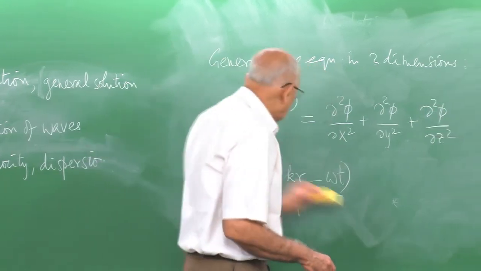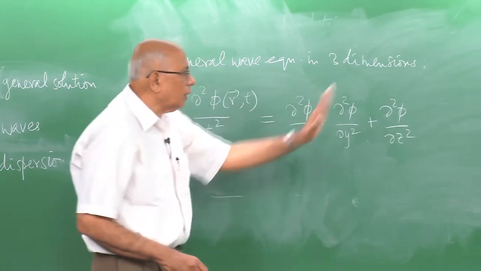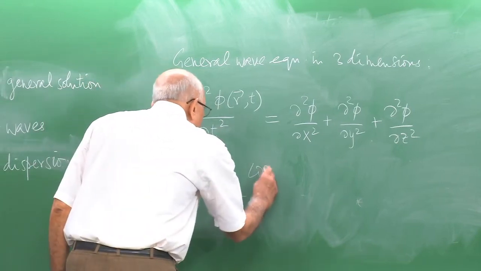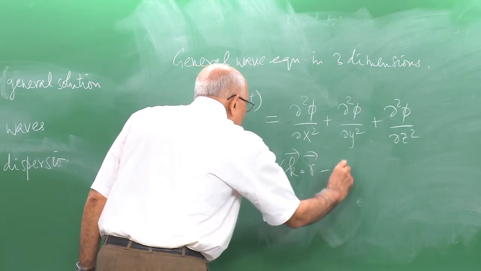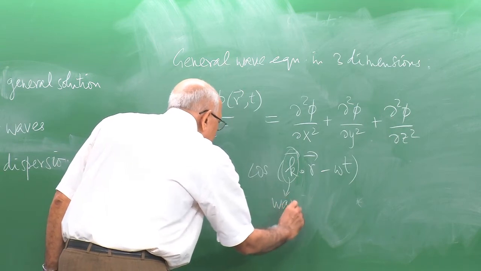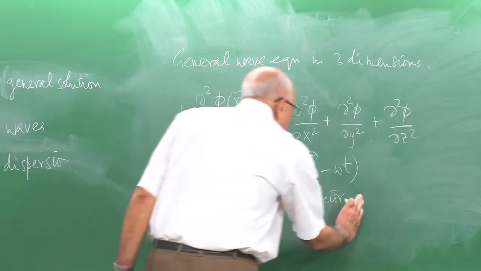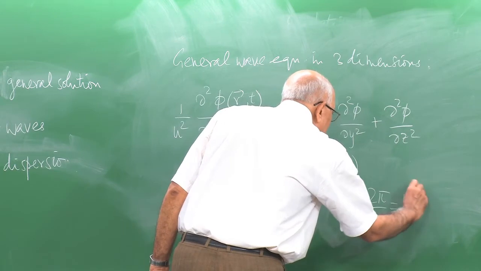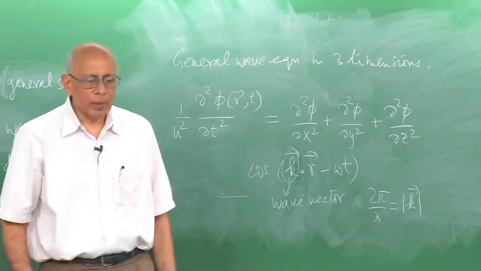You could also have other kinds of solutions, again similar to the one dimensional wave we talked about earlier, and a more general form for this would be something like cosine of k dot r minus omega t, where this vector k is called the wave vector, whose magnitude gives you 2 pi over lambda, modulus k, and whose direction gives you the direction of propagation of the wave.